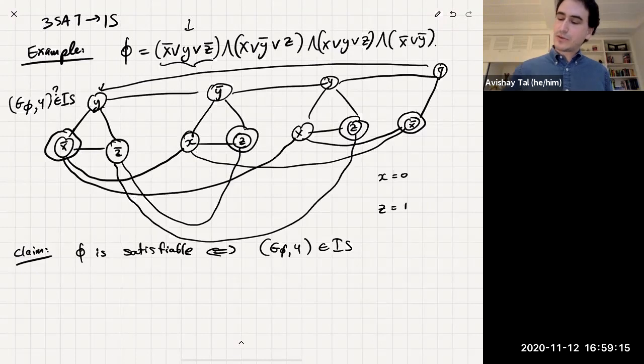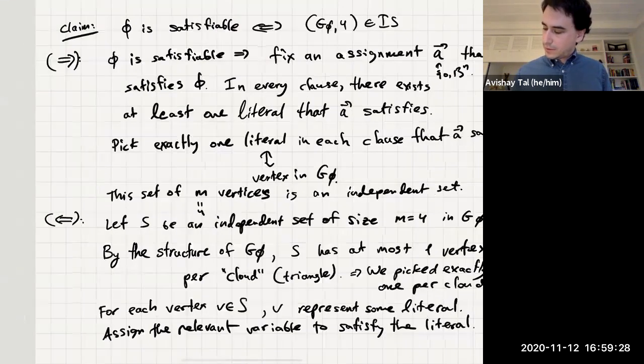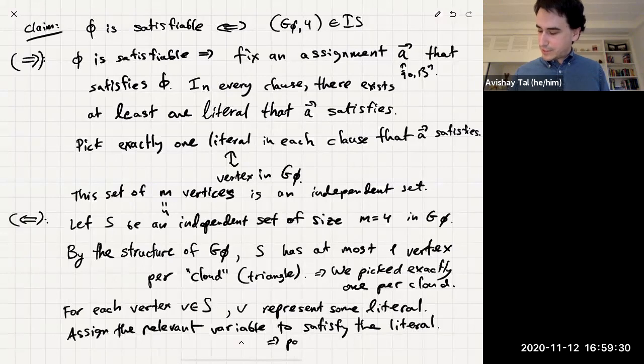But this partial assignment already satisfies the formula. So I can pick y however I want. It could be 0, it could be 1. Both of them would satisfy the formula phi. So this gives a partial assignment, or maybe even a complete assignment, that satisfies the formula.